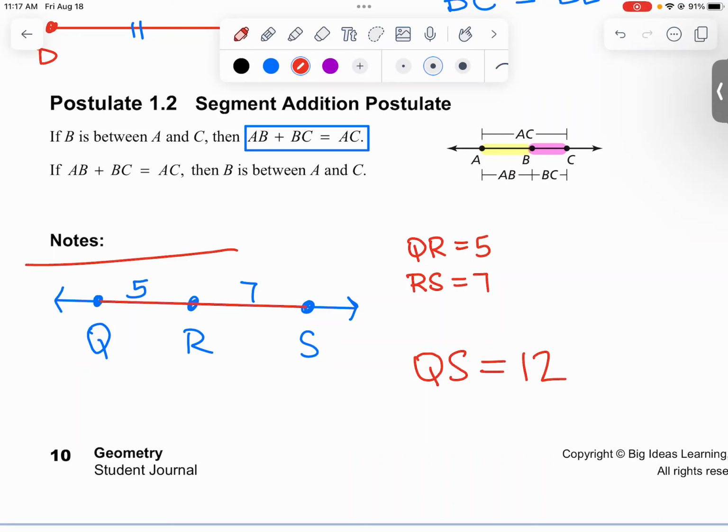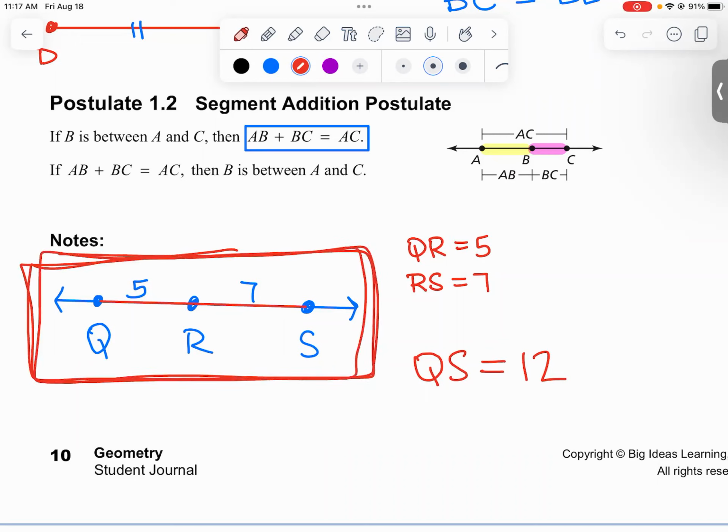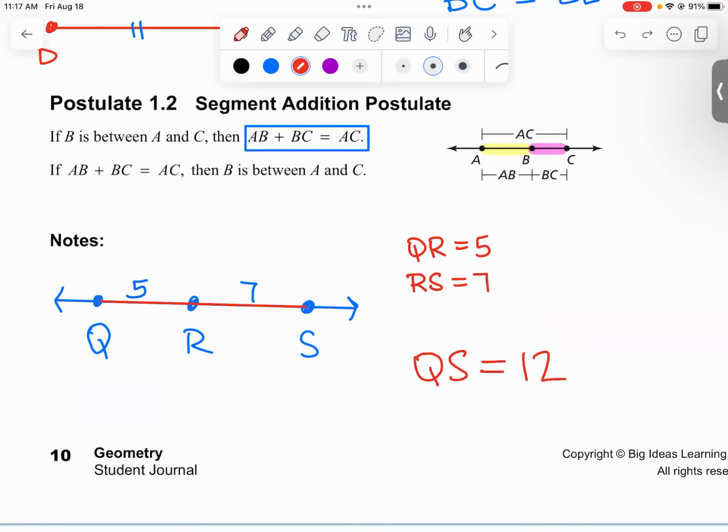So this picture would have been given to you with the 5 and the 7 already written in. So then we could find QS using those numbers. So couldn't we just add those together and put 12 afterwards? So that's what we did right here.